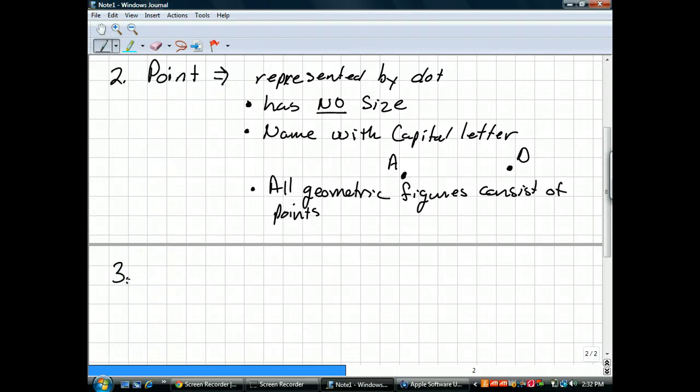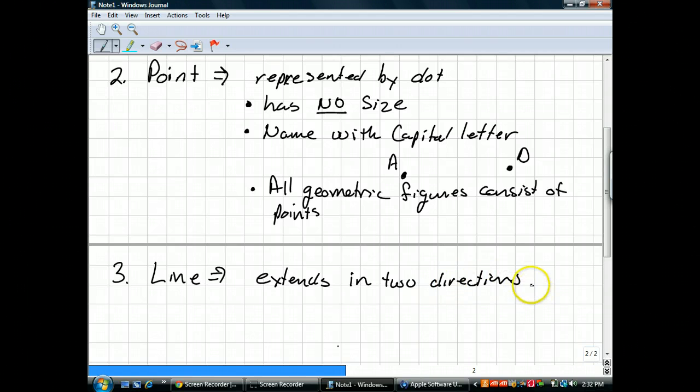Number 3, we have the idea of a line. A line extends in 2 directions without ending. In other words, it goes on forever and ever.